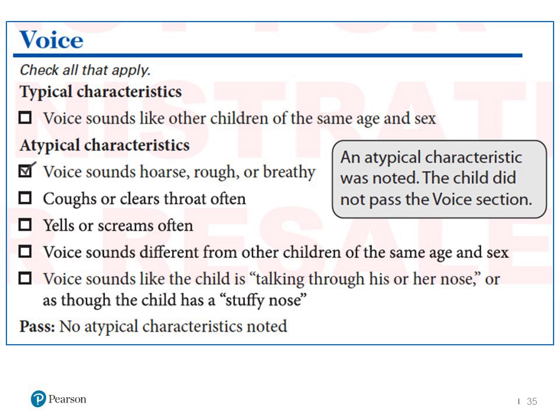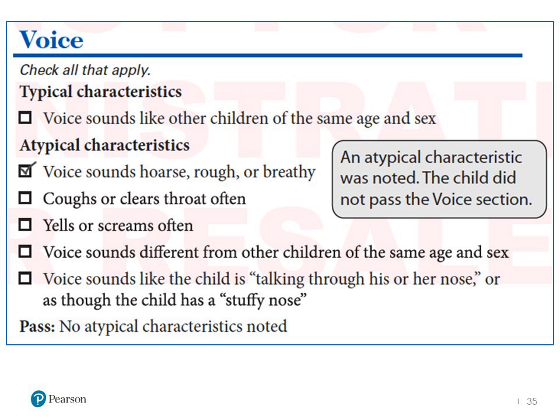Okay, in terms of voice, again, we're looking at typical and atypical. And again, it makes sense if we look at the difference between them, that for typical characteristics, the voice sounds like other children of the same age and sex. And for atypical characteristics, the voice sounds hoarse, rough, or breathy. They cough or clear their throat often. They yell or scream often.